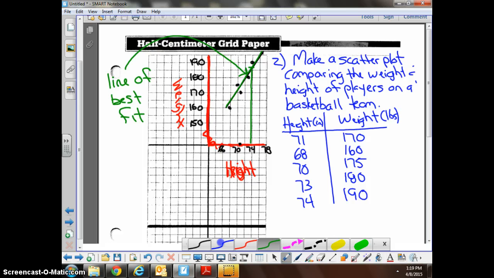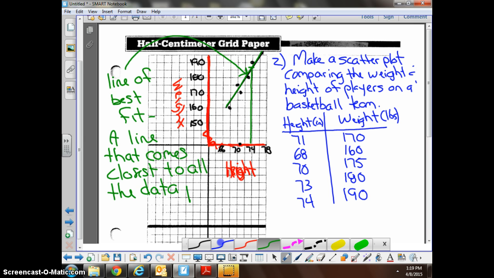And the definition would be, I know this isn't truly how we do our notes, but it's a little bit different in this case, a line that comes closest to all the data points. So a line that comes closest to all of the data points would be your line of best fit. You want to get it as about equal as you can on the top side and on the bottom side as possible.